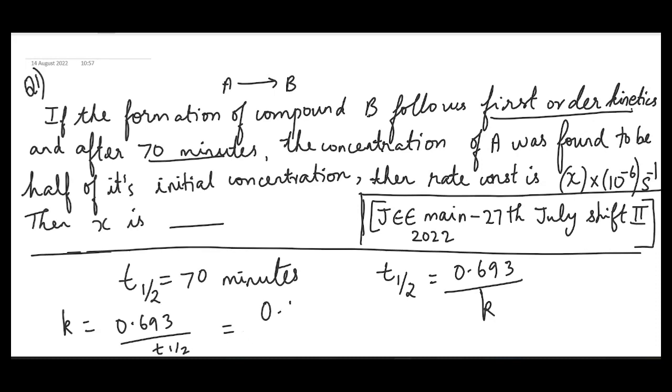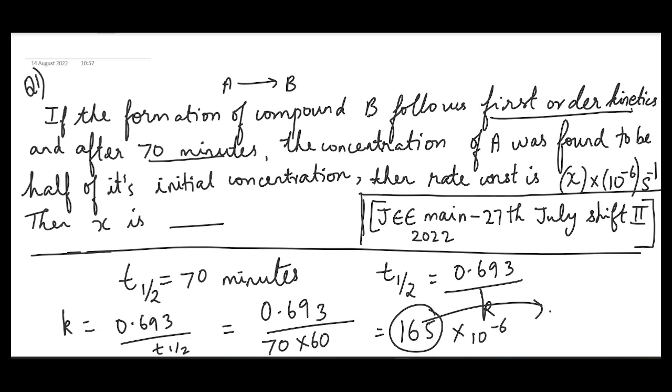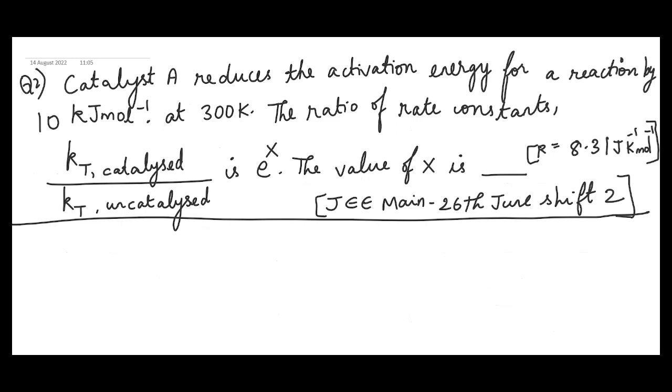So it is nothing but 0.693 divided by 70 times 60, because they have asked in terms of second inverse. Now on calculating, we get the answer to be 165 into 10 power minus 6. So our x value becomes 165. This is the answer.